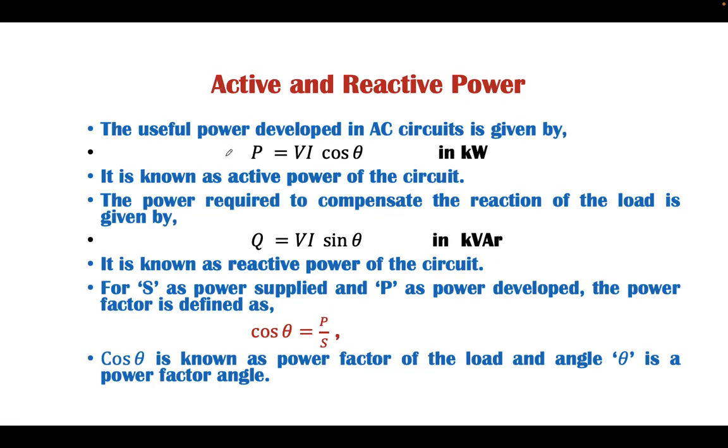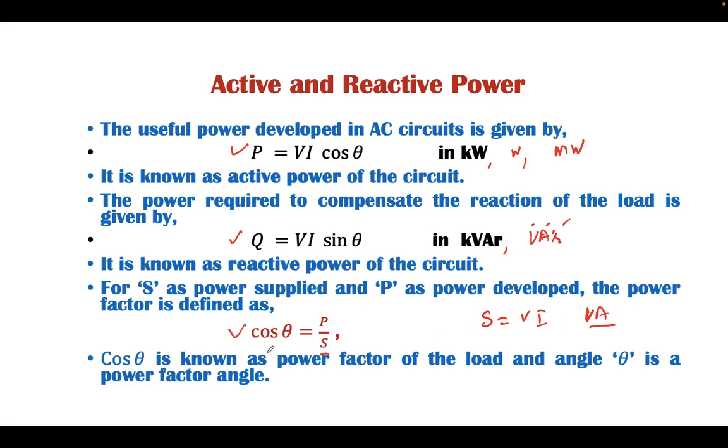Now again there are three powers: active power, reactive power and apparent power. Active power is VI cos theta, measured in watts or megawatts depending upon the magnitude of the quantity. Reactive power is measured in VAR, volt ampere reactive, and S is equal to V into I, measured in volt ampere.